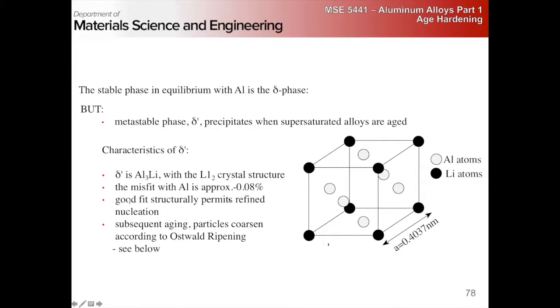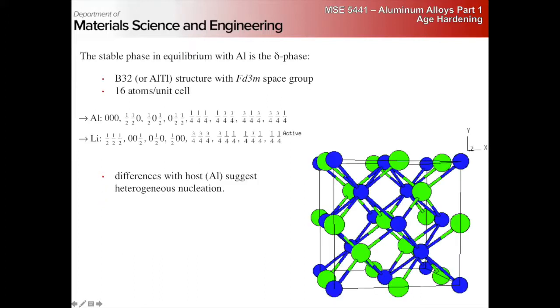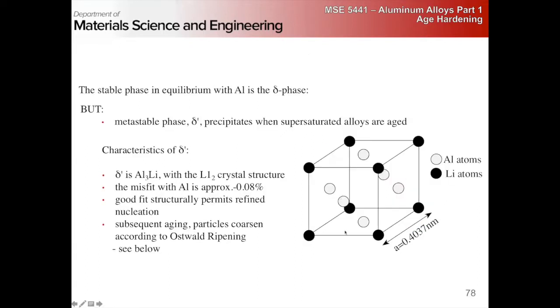These are the kinds of ideas that I want to get across. If I gave an alloy on the exam, and I didn't tell you what the element was, but I said this is the equilibrium phase, this is a potential metastable phase, and these are the size mismatches of the atoms, I could then walk you through a question.